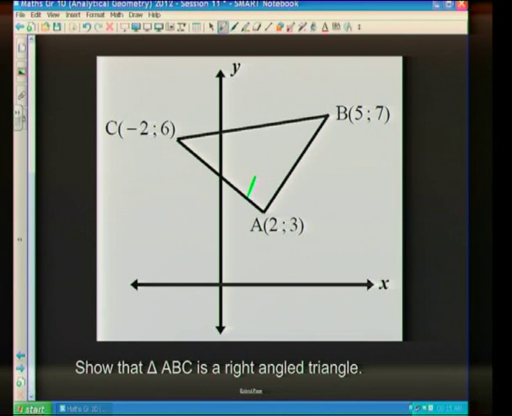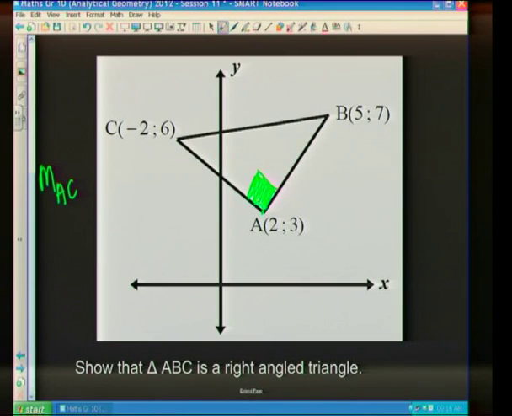I would imagine that if anything, the right angle or the 90-degree angle would be over here with A. Now, there is more than one way that you can use to prove that it's a 90-degree angle.